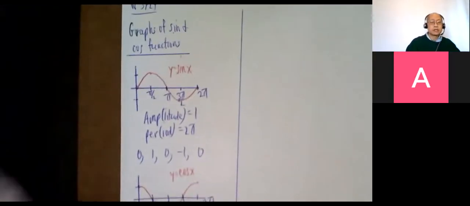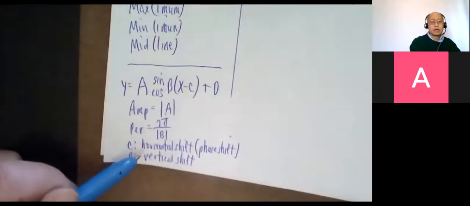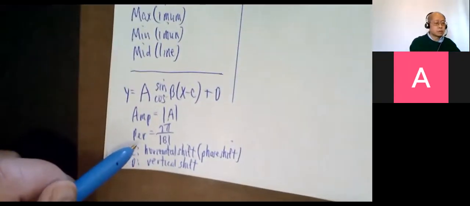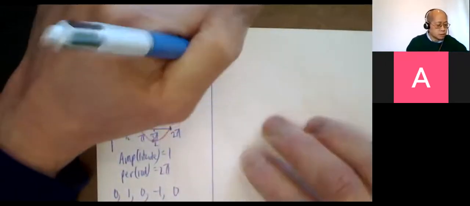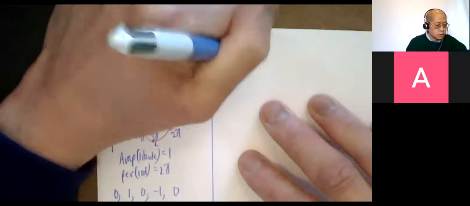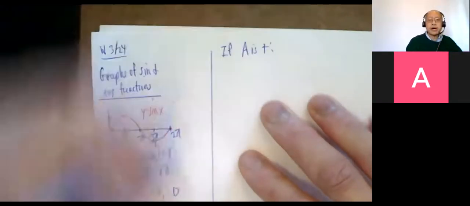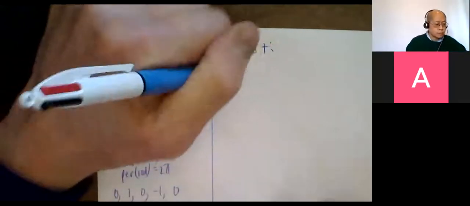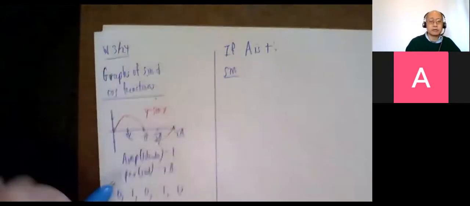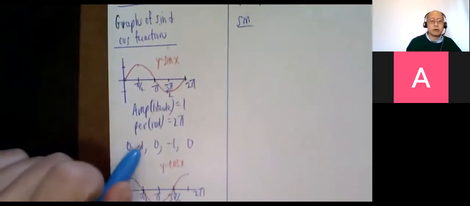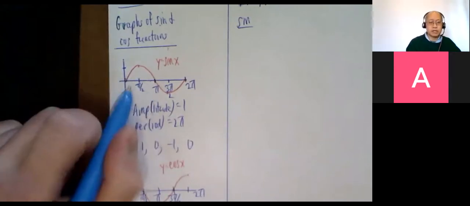Okay, the general sine graph and all this stuff. All right, so for a sine function, if A is positive, here's how the sine goes. So instead of 0, 1, 0, negative 1, 0, I'm going to say what it'll be in general.